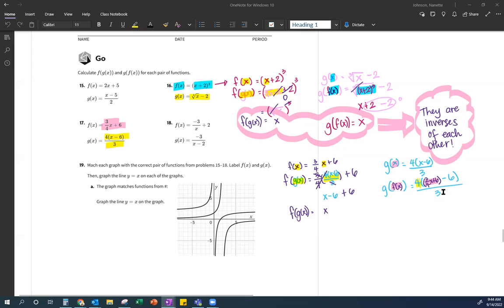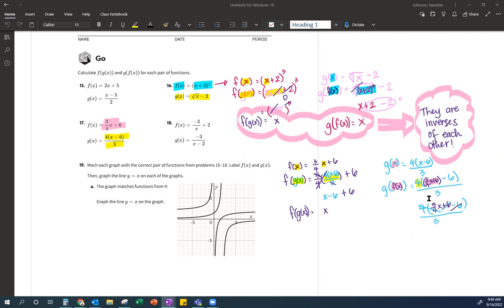So if we take out this parenthesis, the dark blue one, it would look something like this, right? 4 parentheses minus 6. And then if you look, that plus 6 and that minus 6 would be a 0. So plus 6 minus 6, that's 0. And then now we can do this 4/3 and a 3/4, which would cancel. So we are left with x.